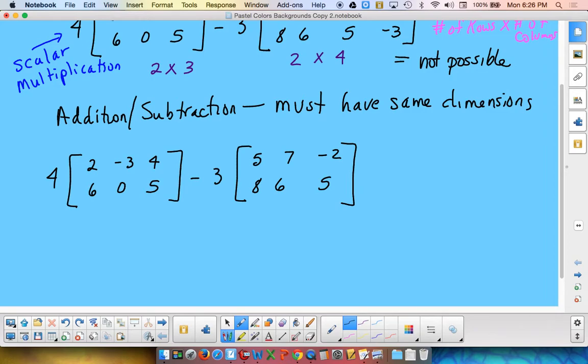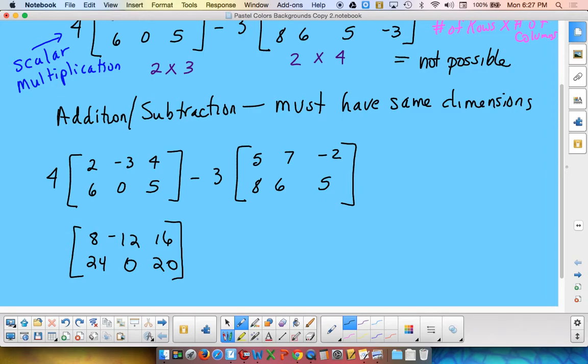So now it's just simple arithmetic. You're going to multiply all the first matrix by 4. So we're going to get 8, negative 12, 16, 24, 0, and 20. No problem there. Okay, on the second one, here's your choice you have to make. Do you want to distribute the 3 and leave the subtraction sign? Or do you want to change it to addition?